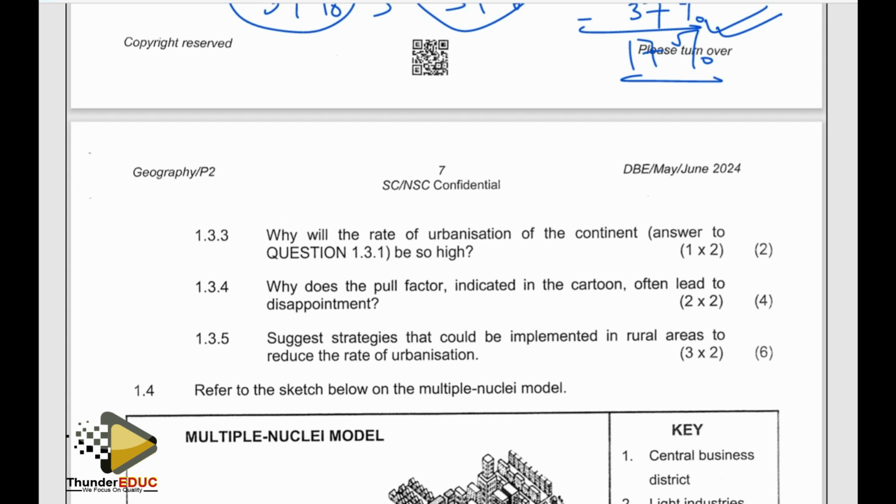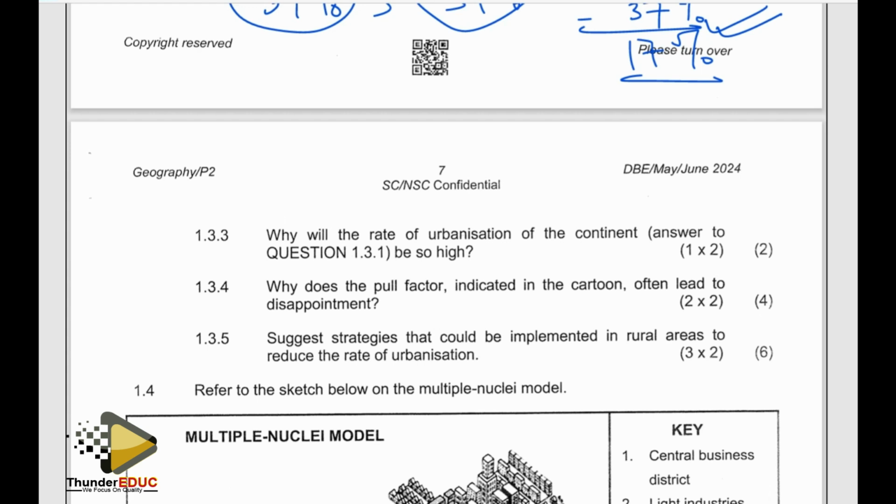Why would the rate of urbanization of the continent in the answer above be so high? Why do we have such rates of urbanization being so high in Africa? You look at it from the perspective of the push or the pull factors.